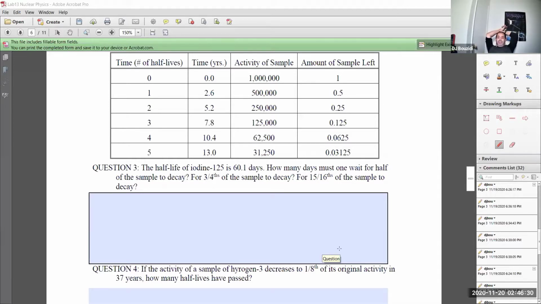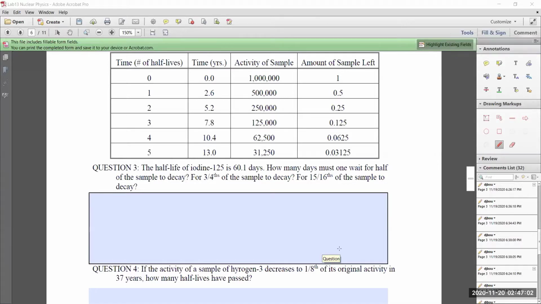Half of the half will go also in another 60 days. So 3/4 would have gone in 60 plus 60. I thought if it was 2 half-lives, it would be 120 days, which is a quarter of what it used to be, right? Each half-life you lose half of what you started with.